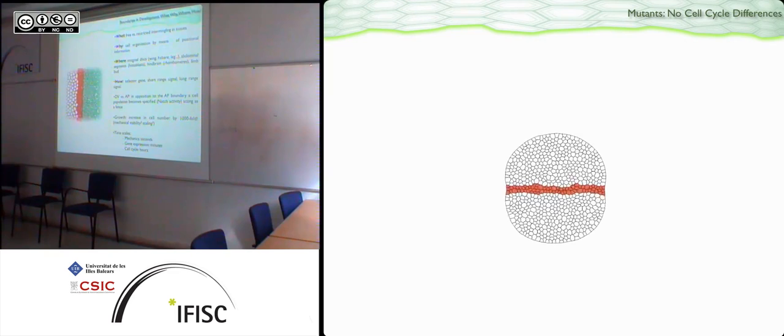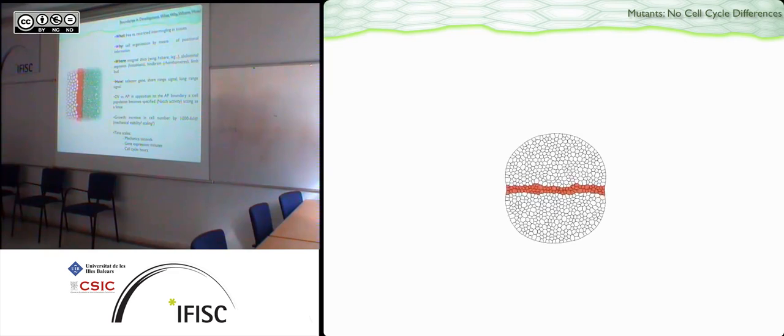More things that we can compare. We can compare the distribution of cell sides, not sizes. Because I have polygons with different numbers of vertices, these are the experiments, and this is the result of the simulations. So mostly what you have is a hexagonal coordination.